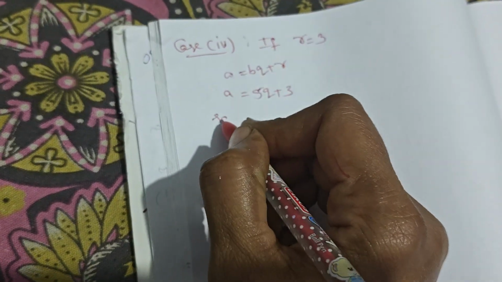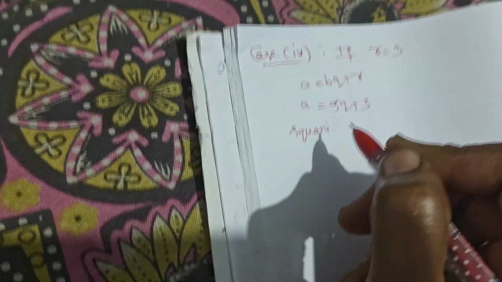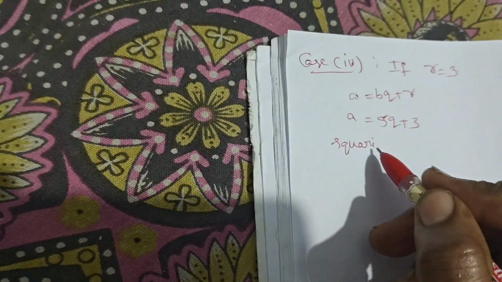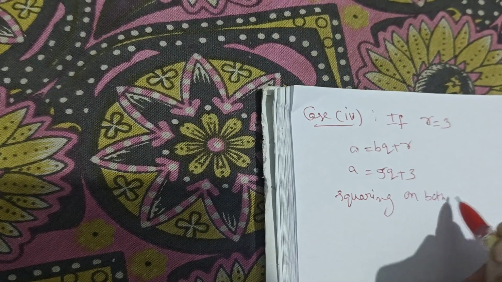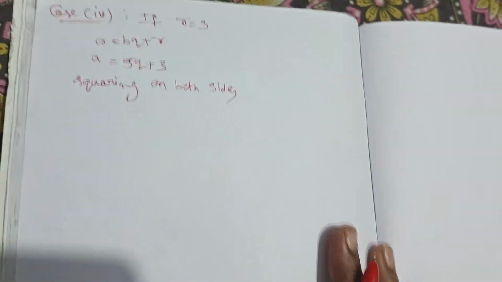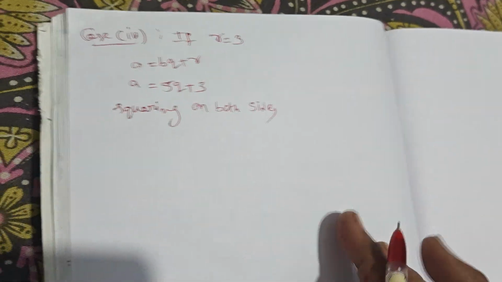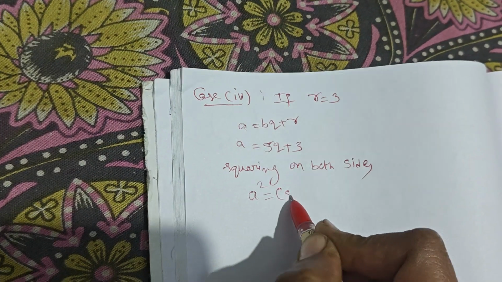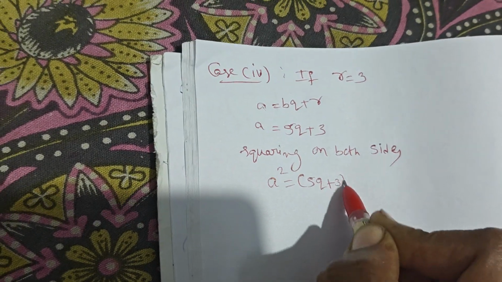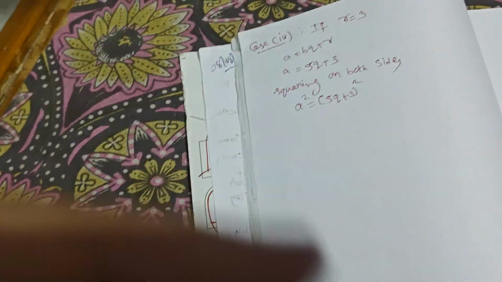We have to do squaring on both sides. So what we have to do here, squaring on both sides means a square equal to (5q plus 3) whole square. Squaring on both sides. Now what is the formula for (a plus b) whole square, children?